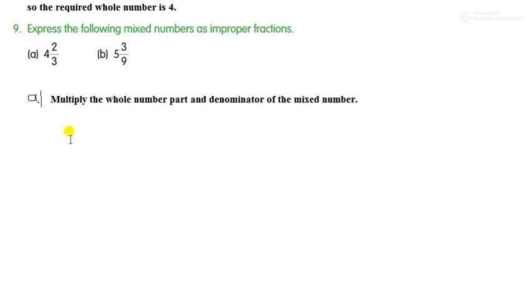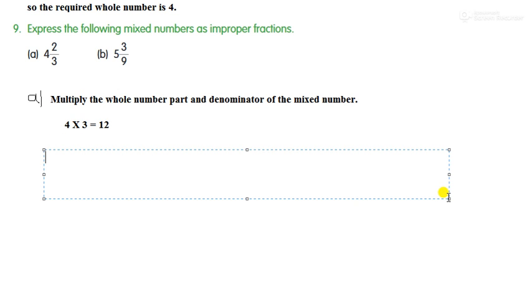Here 4 into 3, 12, and now add the numerator to the product of 12.